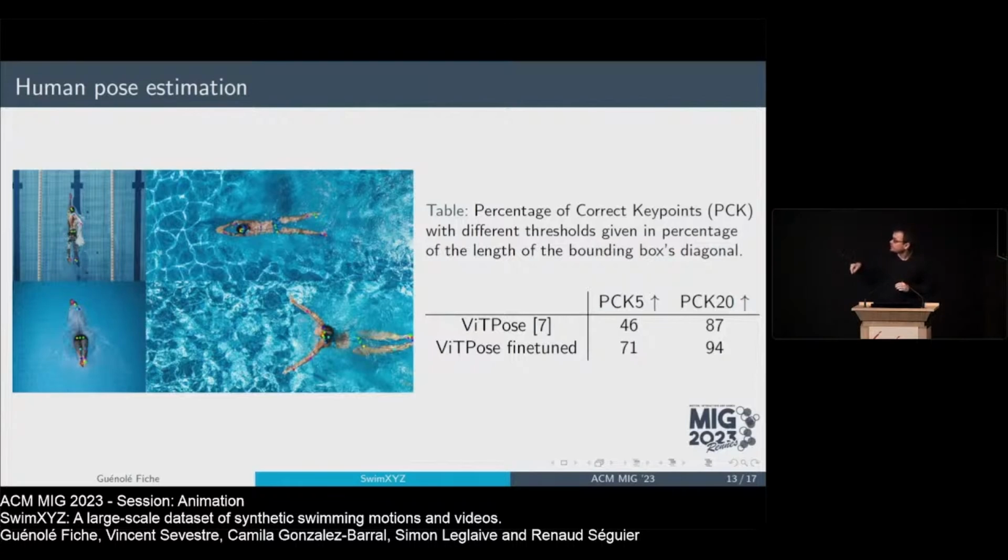And then we tested on our dataset as well, but on another swimming stroke, it was butterfly, if my memory is right. And so you can see that there is a clear improvement when training on our dataset. And on the left, you can see some qualitative examples on real images.